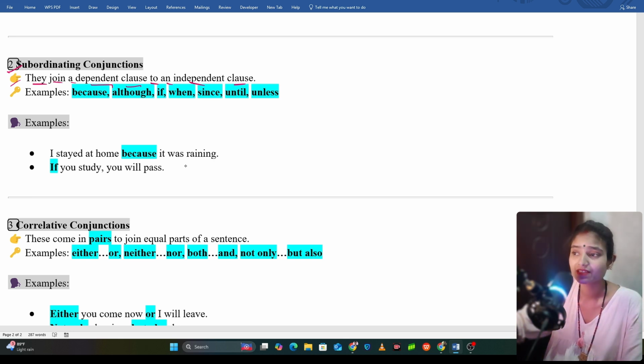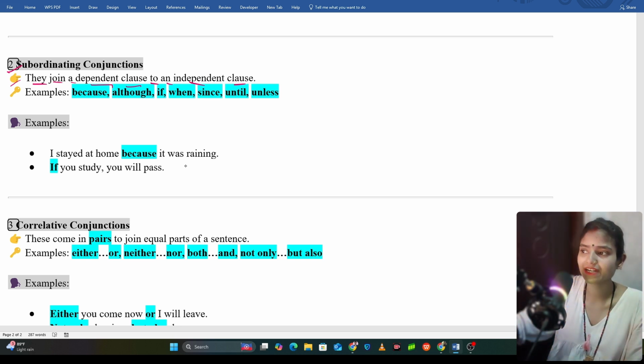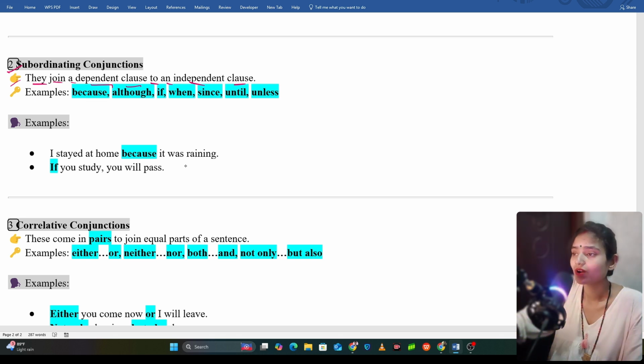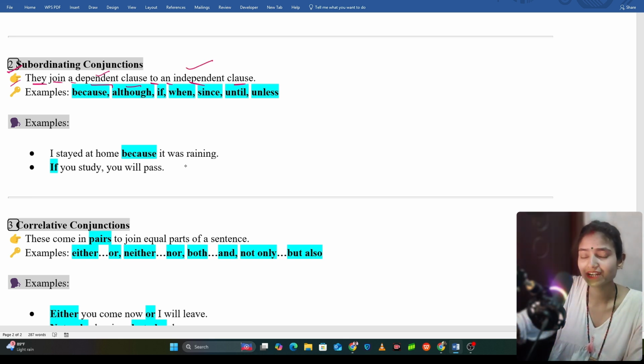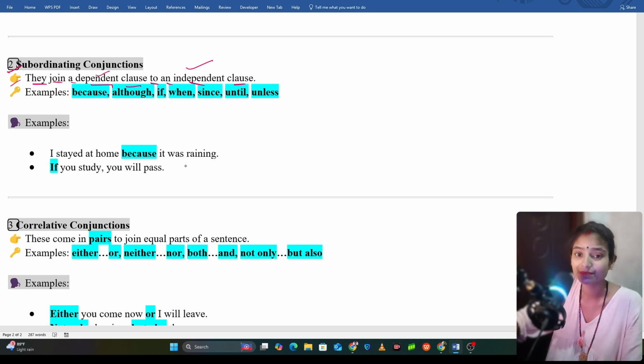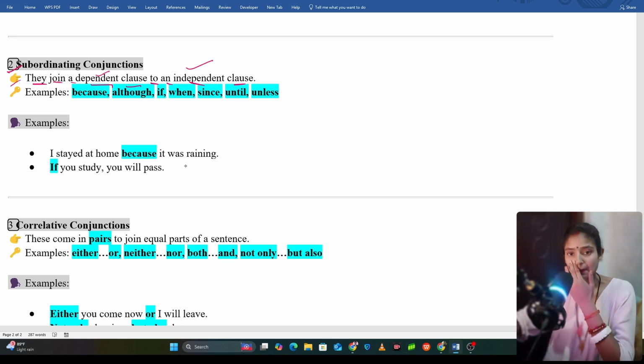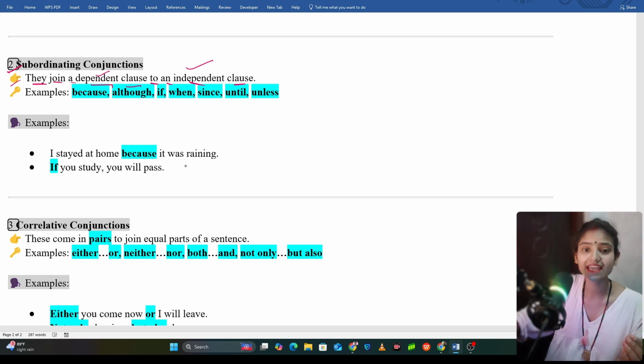Okay, try to understand what is a dependent clause and what is an independent clause. Now what do you understand by the word dependent? First ask yourself. The meaning of dependent is what and the meaning of independent is what? Independence, we celebrate Independence Day, no, means what? We are free. Means you are doing everything yourself, no one is there to guide you, you are not taking anyone's help. Okay, means you are free.